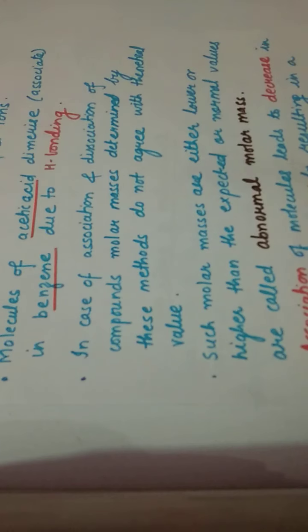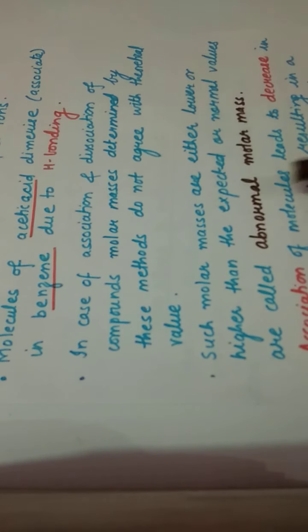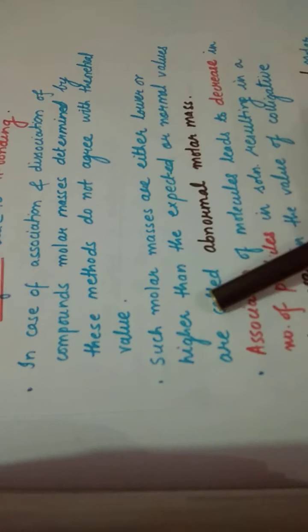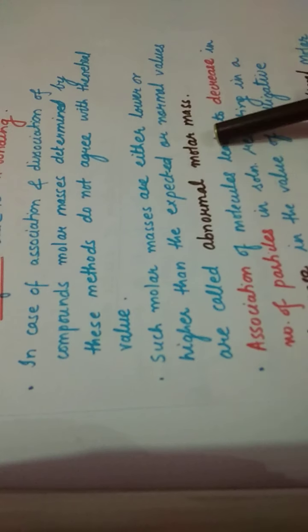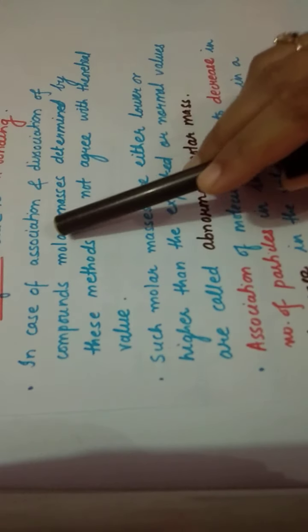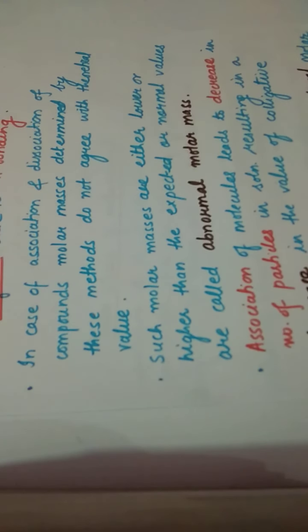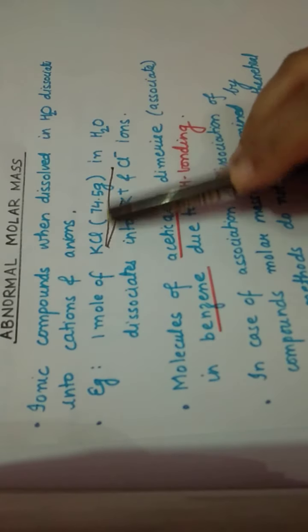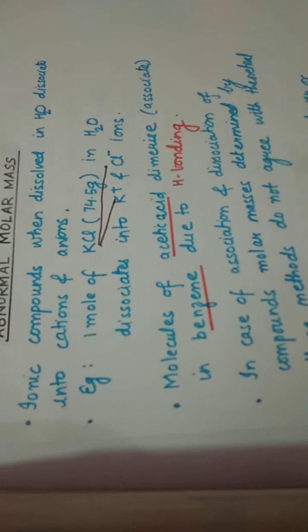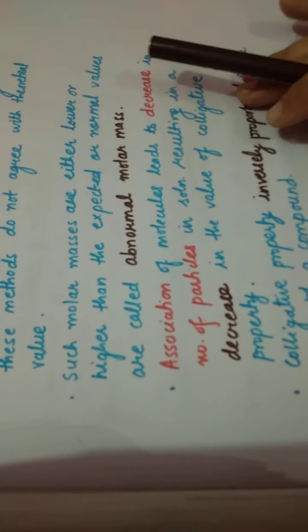Such molar masses, as I have told you, are either lower or higher than the expected or normal values, and are called abnormal molar mass. Such molar masses coming after association and dissociation will either be higher or lower than the expected or theoretical molar mass of the given compound, and that is known as abnormal molar mass.